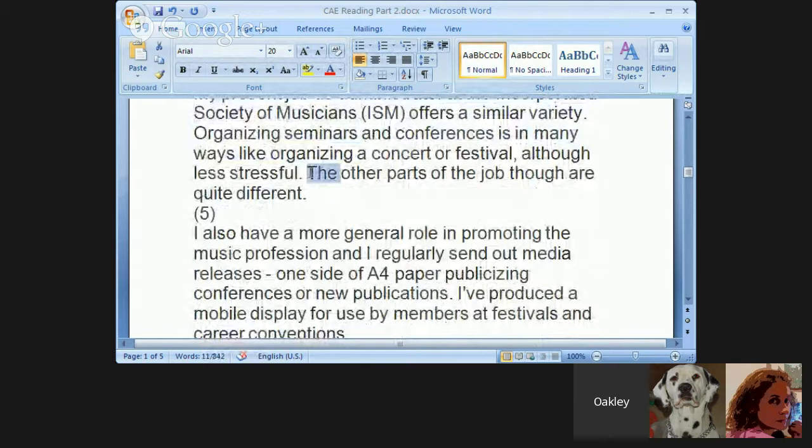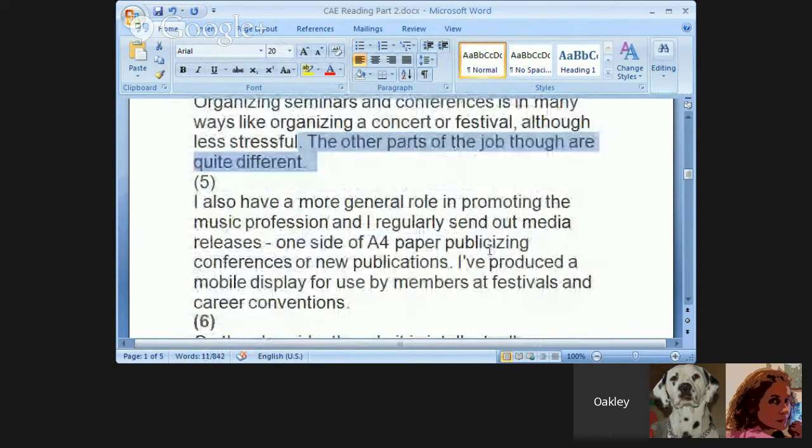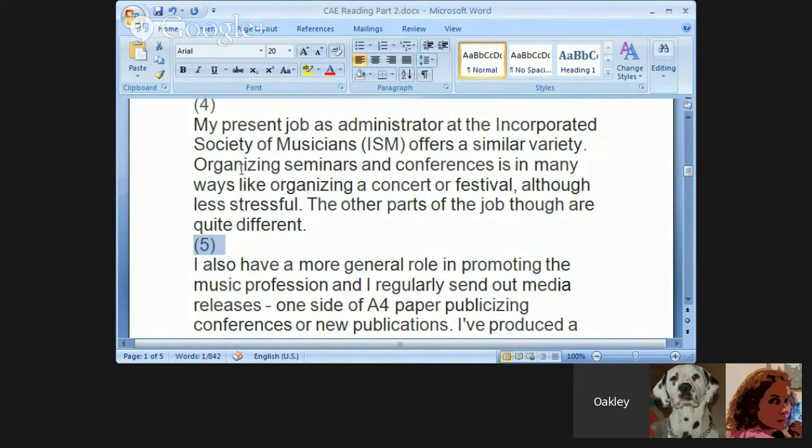The other parts of the job are quite difficult. Notice I'm looking at first sentences, last sentences, pretty much primarily as I'm skimming. I'm skimming slowly, letting you guys absorb this a little, but in reality, you'd be doing this as fast as you can. Other parts of the job are quite different. Maybe now, number 5, I'd be talking about other parts of the job. As administrator, okay, organizing seminars.